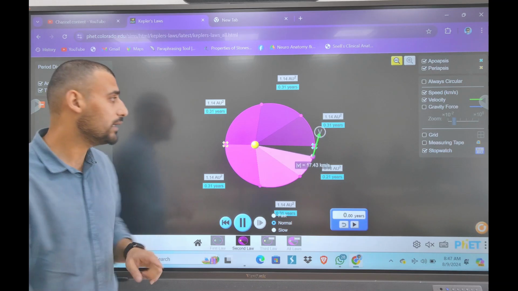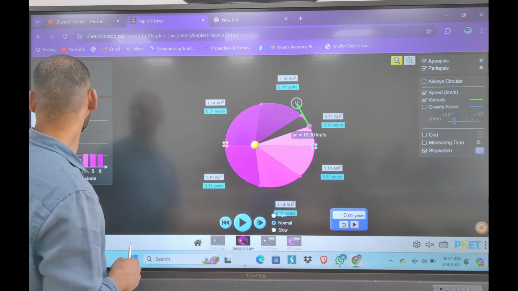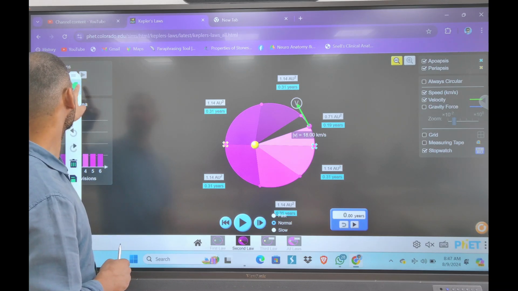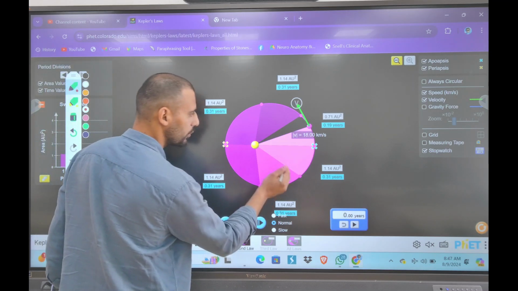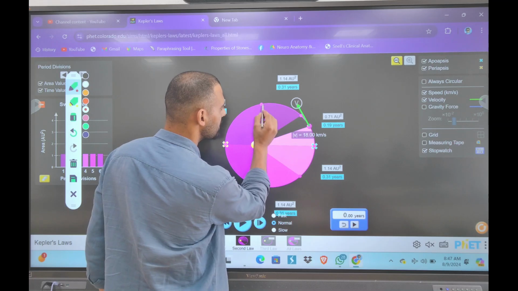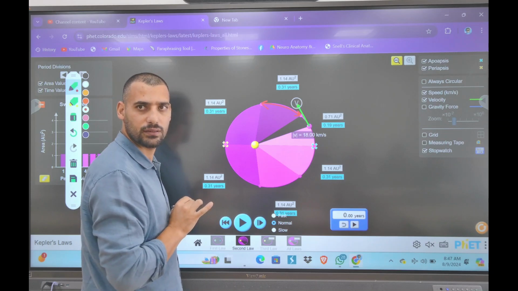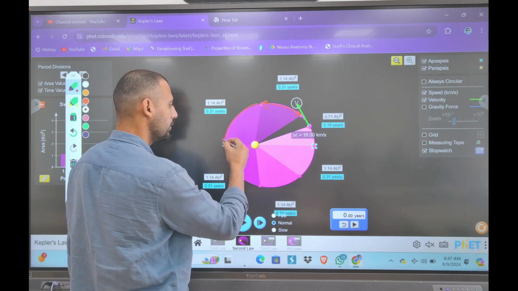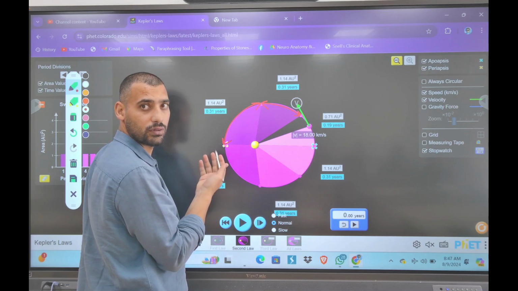But at the same time, very important, the distance that the planet covers. The distance that the planet is covering here is this much, isn't it? This is the linear displacement. But here, is it more or less? More.